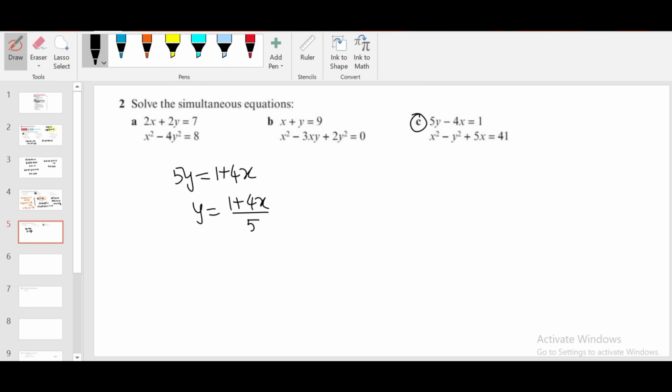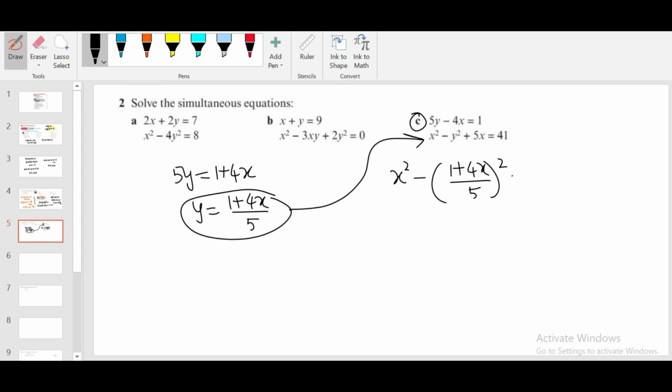Even if you make x the subject, you will still get (5y minus 1) divided by 4. You will still get a fraction. So sub this into the quadratic equation. x square minus y square plus 5x minus 41, put the 41 also this side.